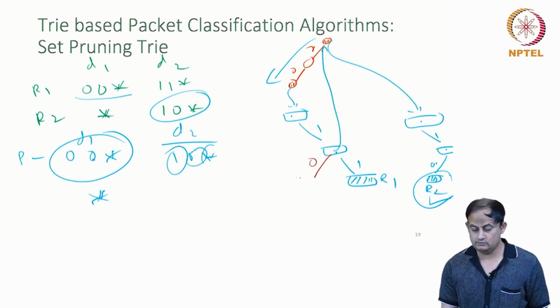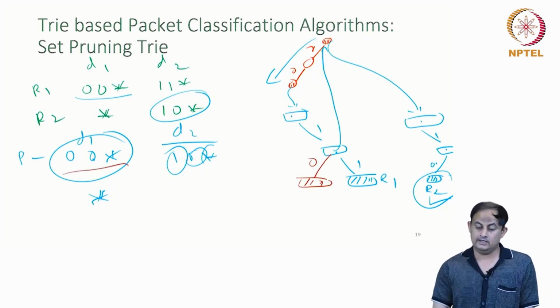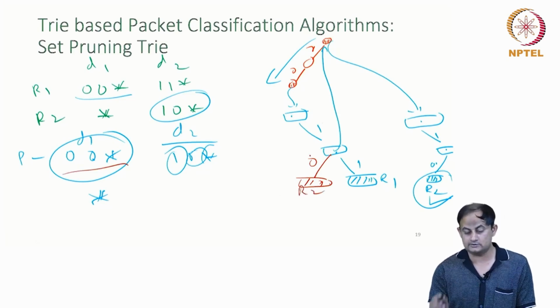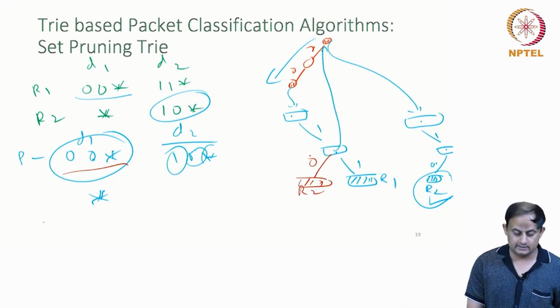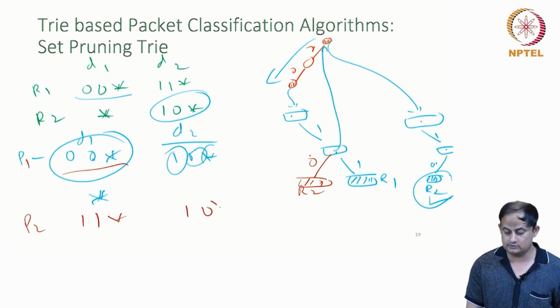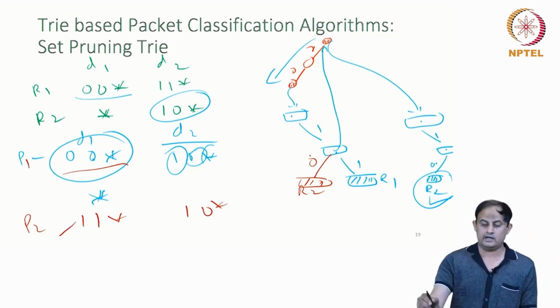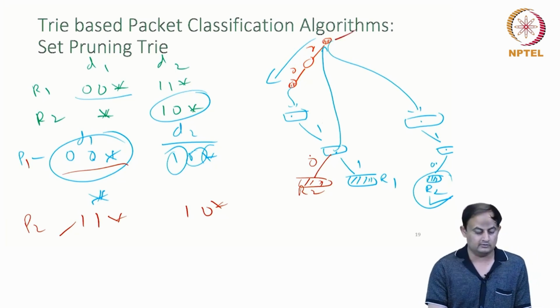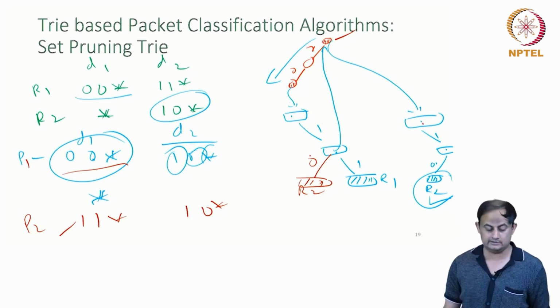This is the 0. When your input is 00 star, as is the case in this one, and 1 followed by 0 is valid, it takes me to the rule number R2. This is replicated. Let's say the packet fields P1 and P2 have 1 star and then 10 star. In that case, if I don't have any child with the value 1, the only possibility is to treat this as a star, go to this node and do the evaluation. 10 star is matching.